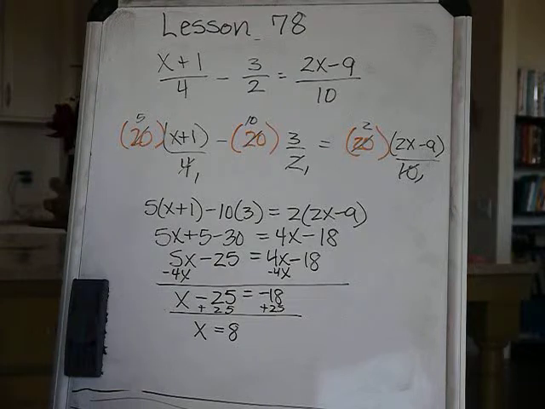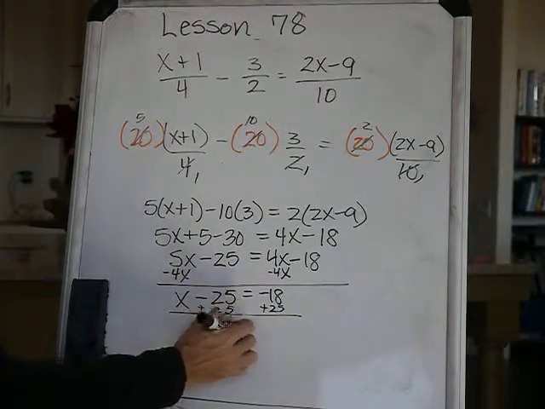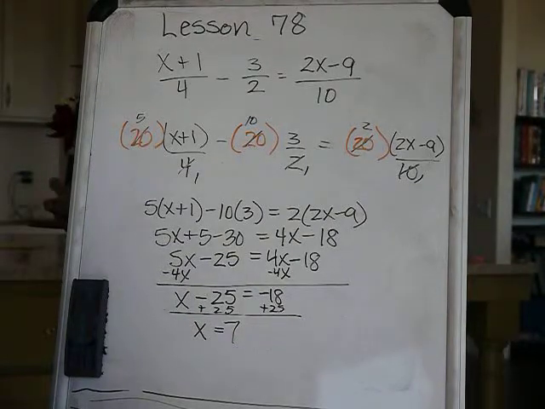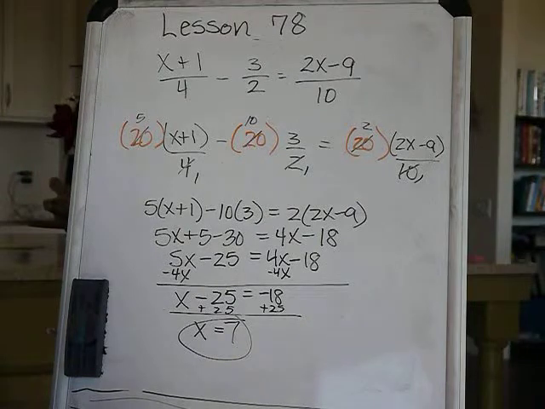We get 8. I mean 7. Yes. Close one. Now, it's probably not too hard to check that one either.